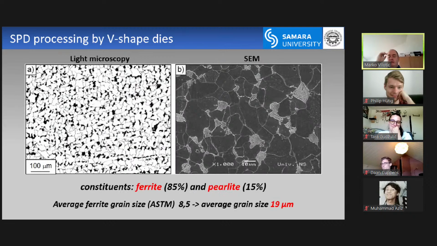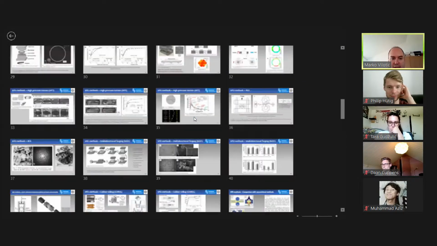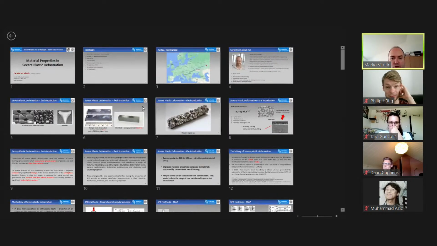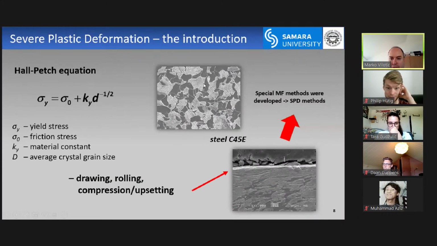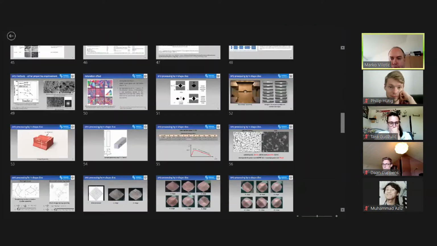This is the microstructure of the initial material. This is a light microscopy image, and this is an SEM image. We have two constituents in my case. If you remember the slide I showed you, it had approximately 50-50%, but this is a different steel.